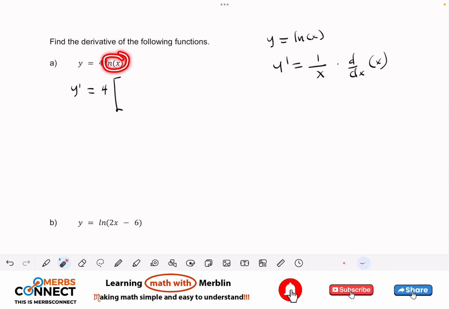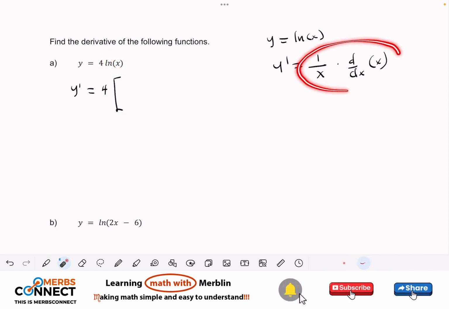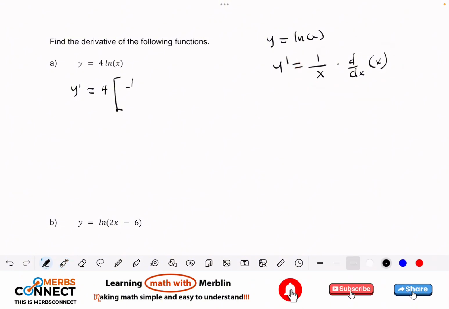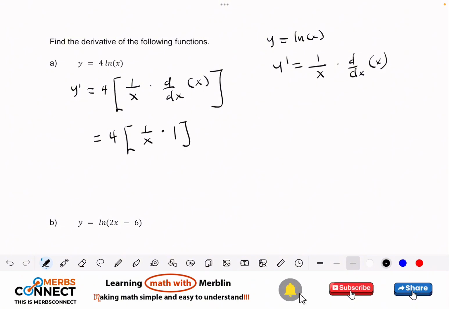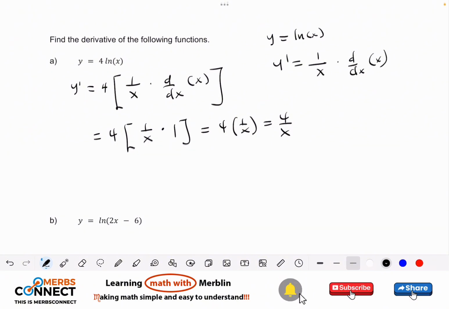So to differentiate ln x, 1 divided by what is inside the parentheses times the derivative of what is inside. We get 4 times 1 over x, then differentiating x using the power rule I get 1. So this is 4 over x. Very simple.